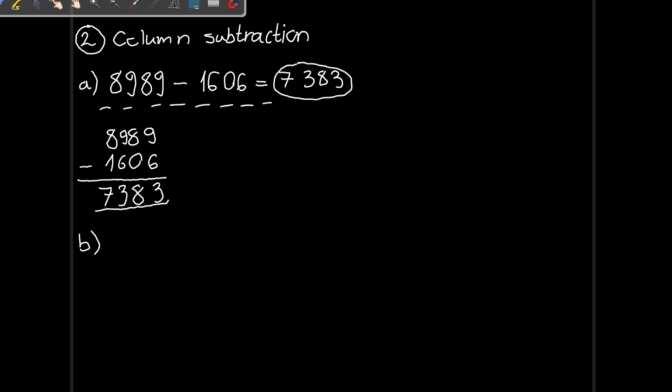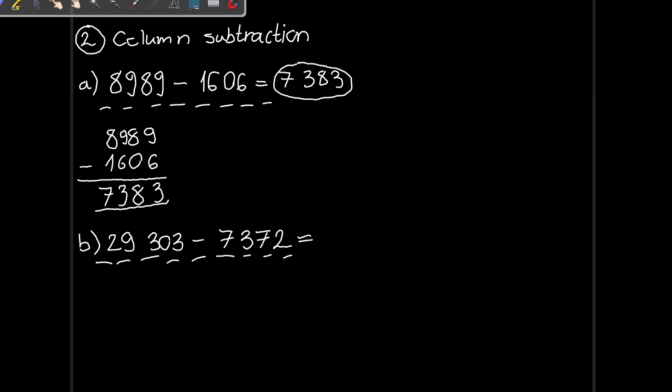I bet it will be very clear after these 6 examples here. So we have 29,303 minus 7,372. Alright.